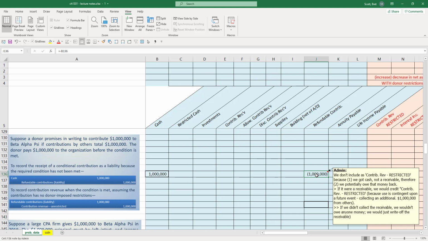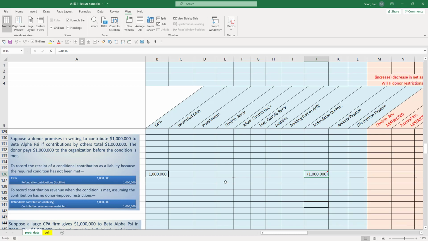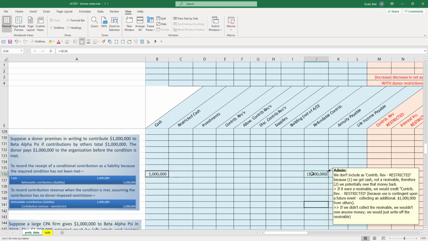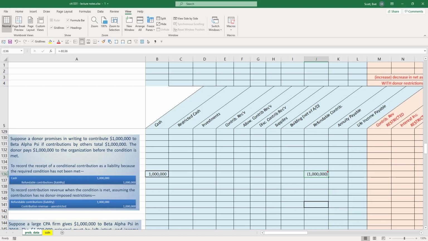We don't have the ability to spend it. It's set off to the side. It will be part of the total assets and the total liabilities, but it's not something that can be spent. Therefore, it does not end up as our overall fund balance.